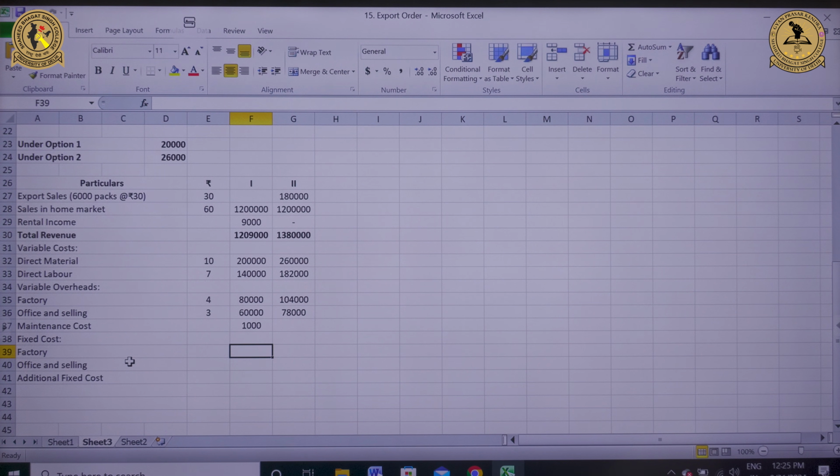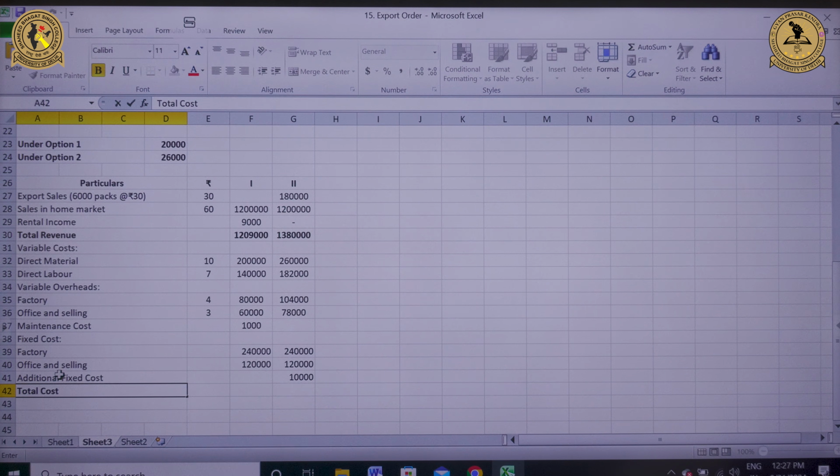In this case, my factory cost is 2,40,000 in both the cases. My office and selling expenses are 1,20,000 and also 1,20,000 in both the options. Additional fixed cost, it is rupees 10,000.